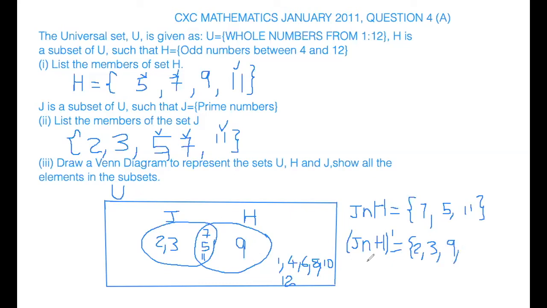But also these other numbers are not within the intersection, because that's what we're asking: what is not in the intersection? So we're also going to have the numbers 1, 4, 6, 8, 10, and 12.